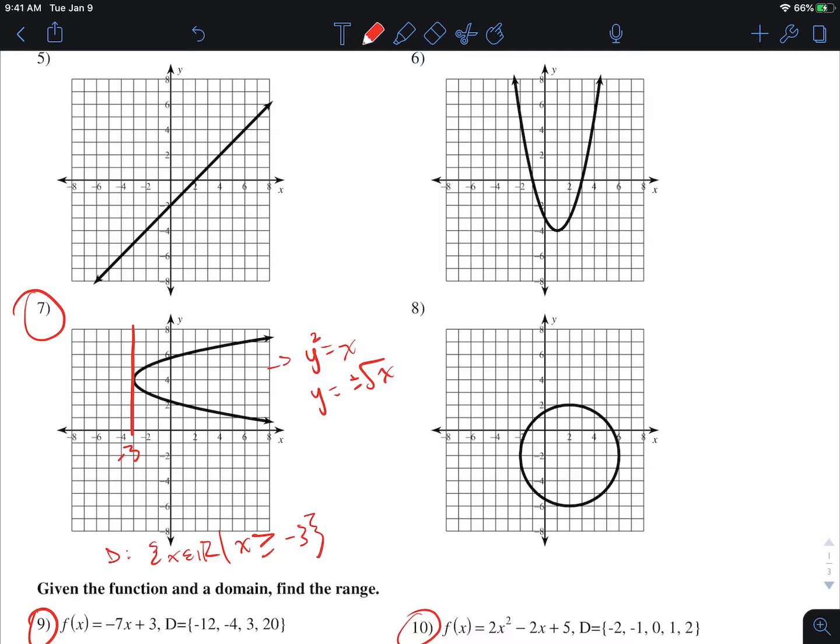But the arms of this thing continue forever in both directions, positive and negative y, right? So my range piece, right? So that's just going to mean that the range is just going to be y in R, right? Because it can take on any values of y.